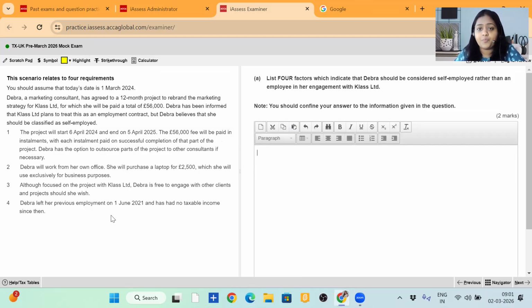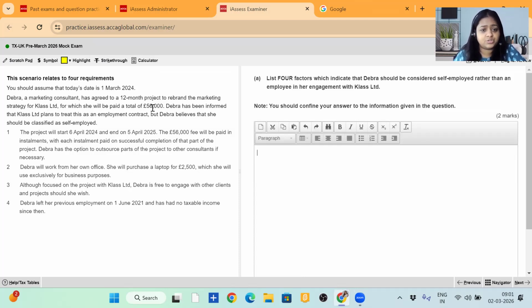So let's read the points and accordingly write the four factors which would indicate that Deborah should be considered self-employed. So we have to write the points in favor of self-employment. Now let's read the first point only. She has agreed to a 12-month project to rebrand the marketing strategy for Class, for which she will be paid a total of 56,000.